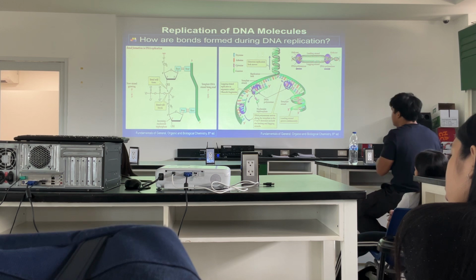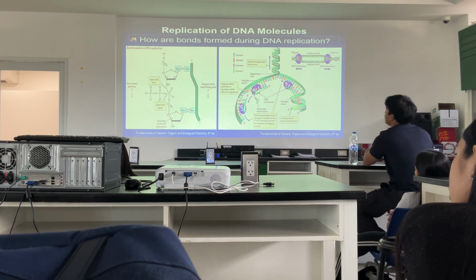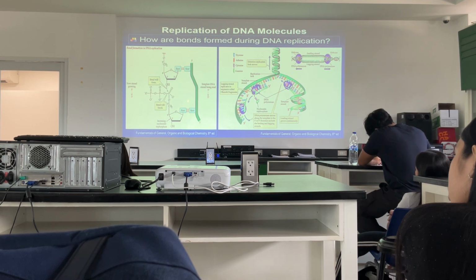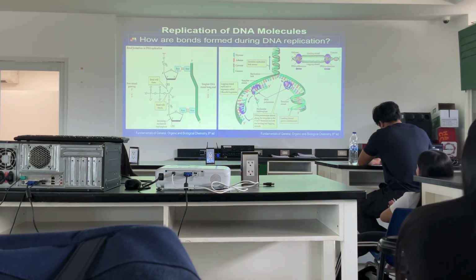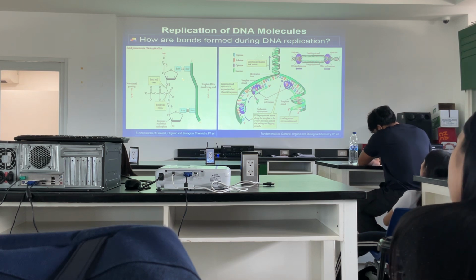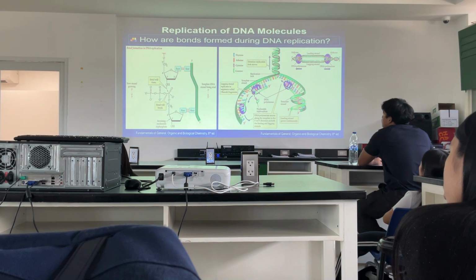And for example, if this is adenine, then this base should be thymine. And what will be formed between these two bases, adenine and thymine, will be hydrogen bonds. So the two bonds that will be formed as a nucleotide becomes attached to the primer will be your phosphodiester bond and your hydrogen bonds.